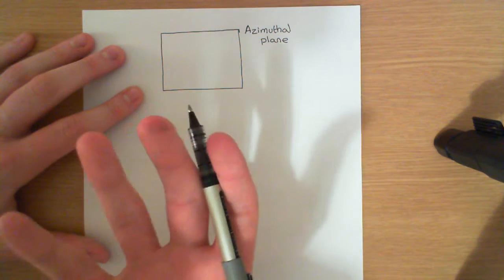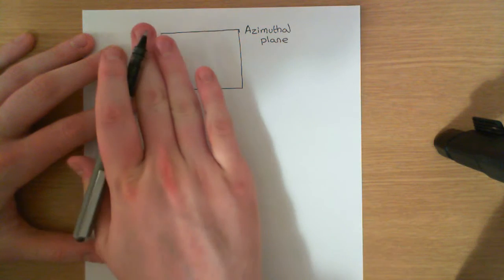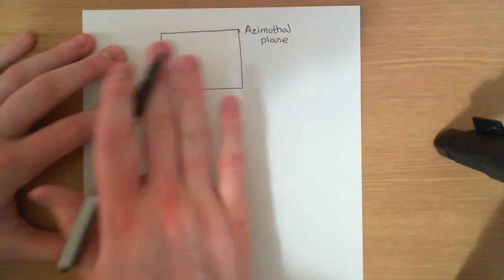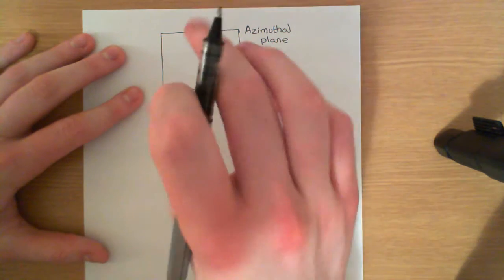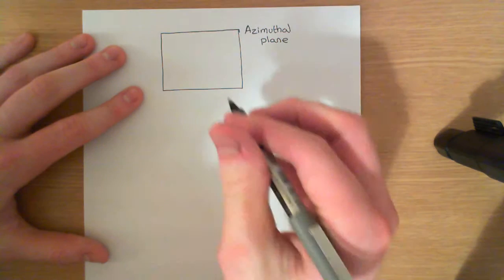So when we move on the surface of the Earth, effectively we're moving on a two-dimensional surface. That's effectively the azimuthal plane, the plane that someone can exist in. Now, of course, we do live in a three-dimensional world, but approximately we live in a little plane. We're only able to move around two-dimensionally.